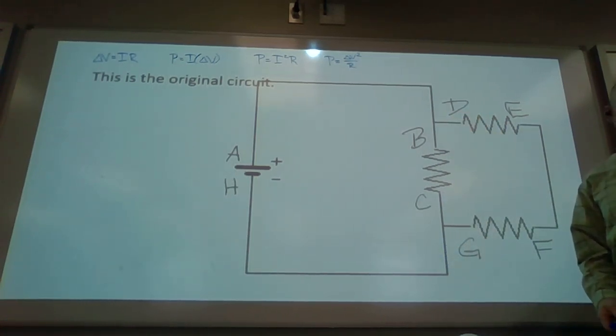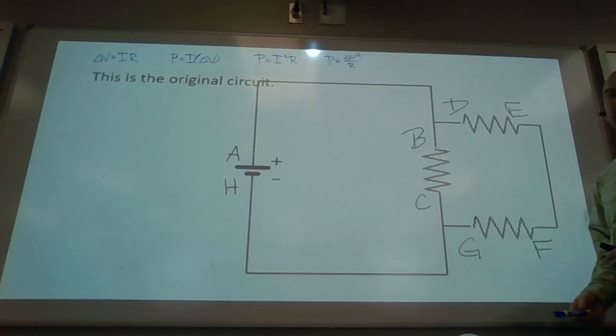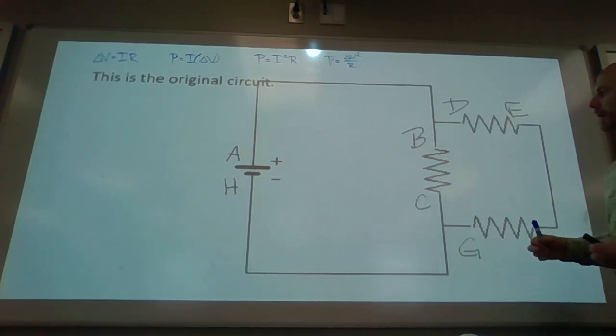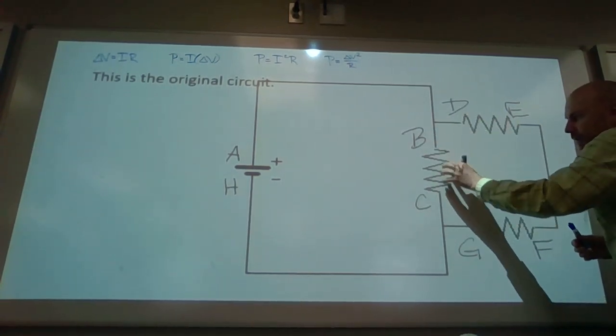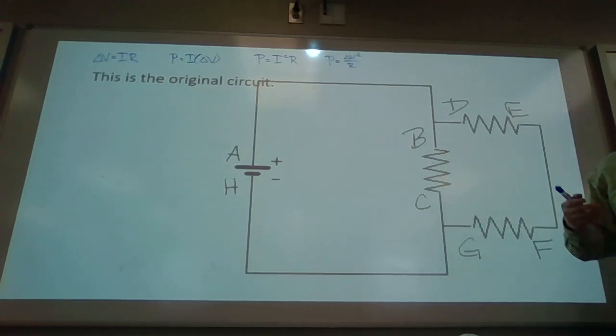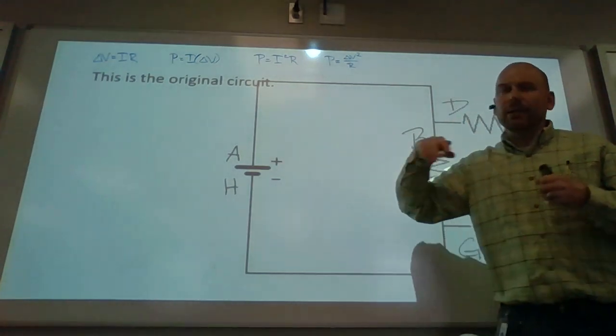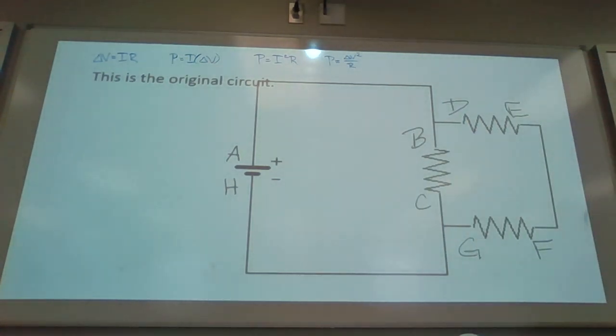Not true. In an ideal world, if this is just a wire, it wouldn't affect this, but in reality it does because this can't supply an infinite amount of current.